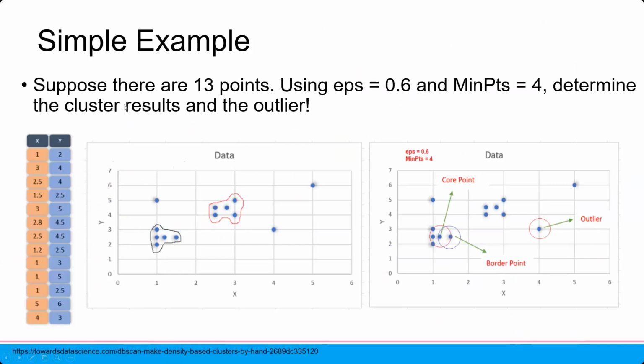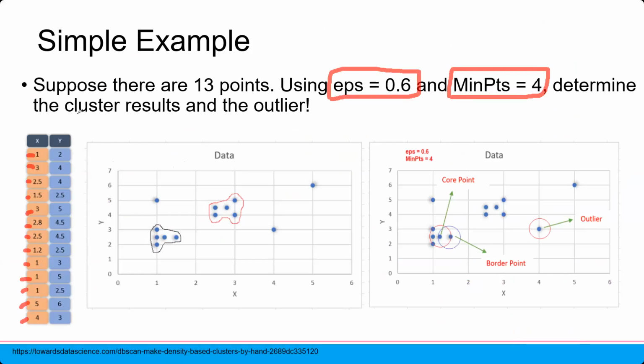Okay, let's see one example. Suppose there are 13 points: 1, 2, 3, 4, 5, 6, 7, 8, 9, 10, 11, 12, 13. We set the EPS to 0.6 and the minimum points to 4.